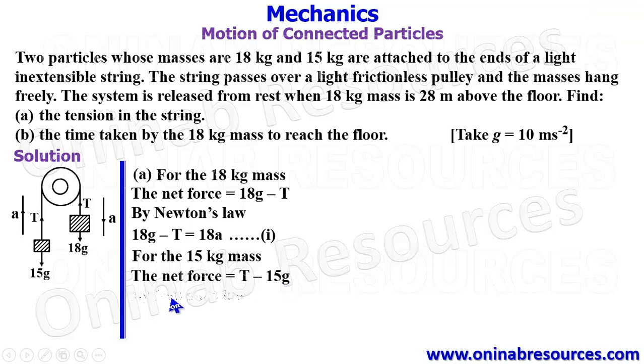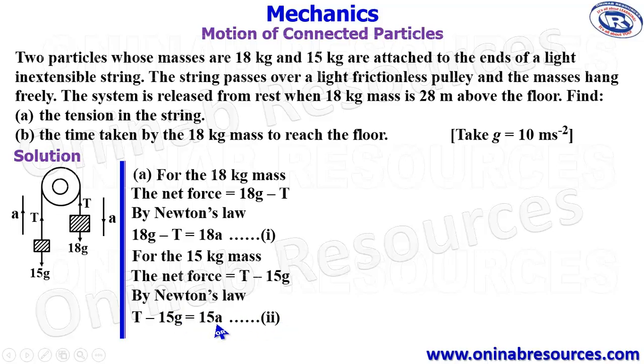By Newton's law again, we have T minus 15g equal to 15a, which is the mass of the object multiplied by the acceleration with which it goes up. So we call this equation 2.